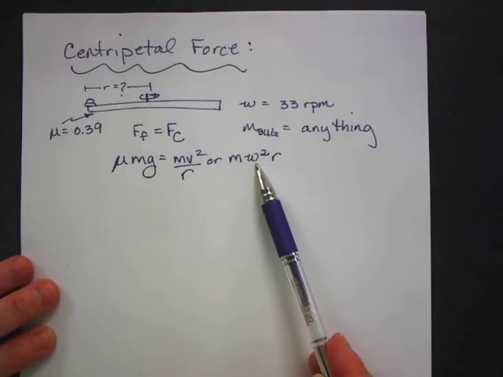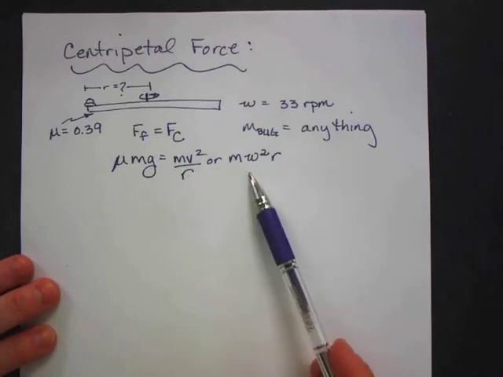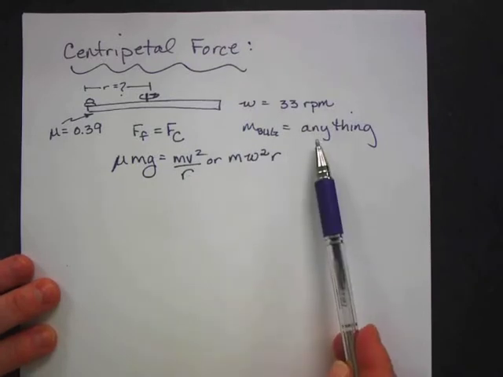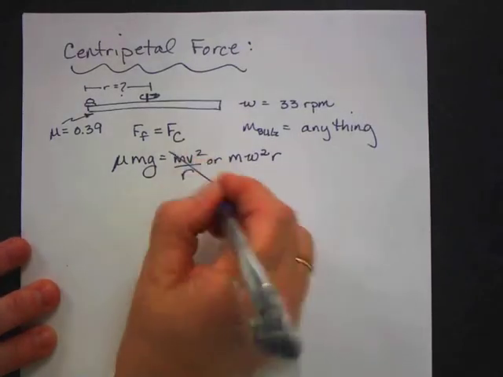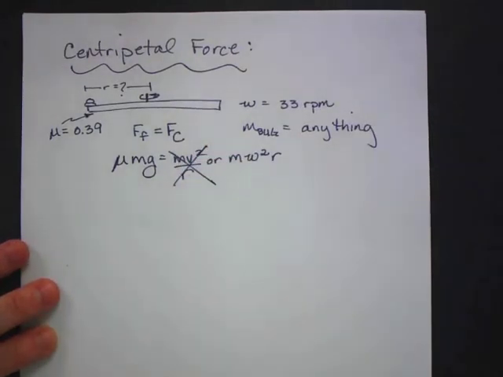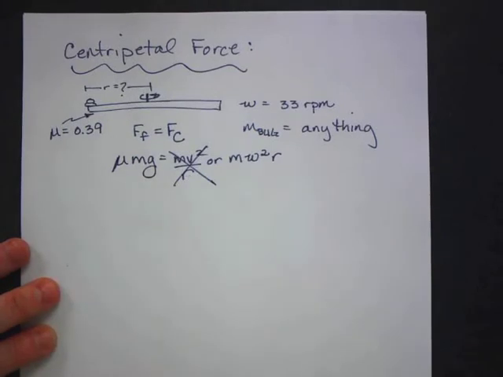What are standard metric units for angular speed? Radians over seconds. Good. So it'll be easier to go from revolutions per minute to radians per second than it would revolutions per minute to like meters per second, right? So I'm going to use this one in the example. I mean, you could use the regular old linear version, but it's just a little bit harder conversion problem.